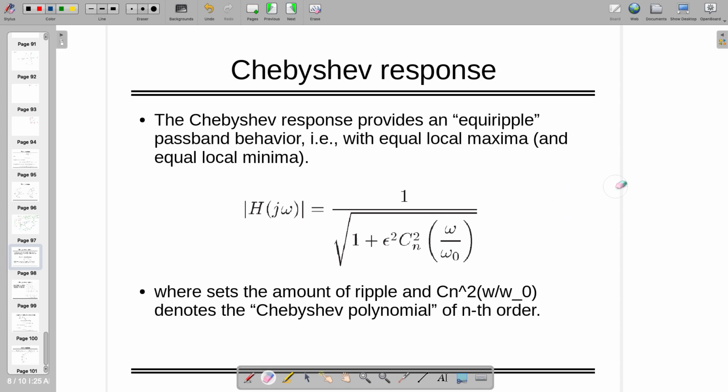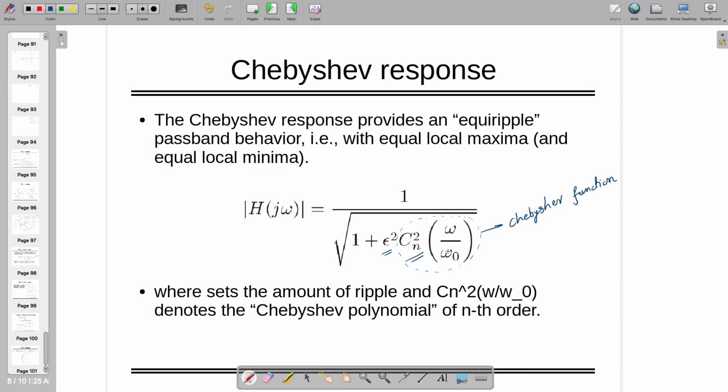However, if you are talking about Chebyshev, there are some new terms. The new terms are epsilon and Cn square. By the way, this is not Cn square times omega by omega 0. It's combined together and there is one Chebyshev function, which is defined in terms of omega and omega 0. Now, you already know what omega 0 is.